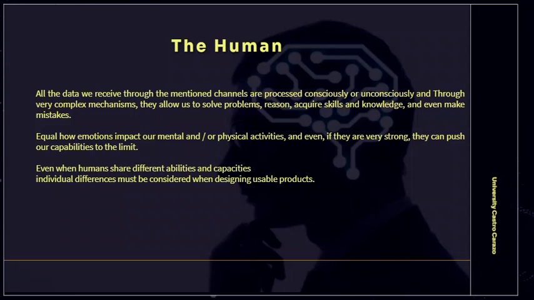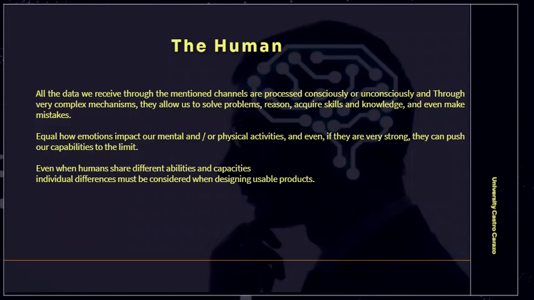All the data we receive through the mentioned channels are processed consciously or unconsciously and through very complex mechanisms. They allow us to solve problems, reason, acquire skills and knowledge, and even make mistakes.